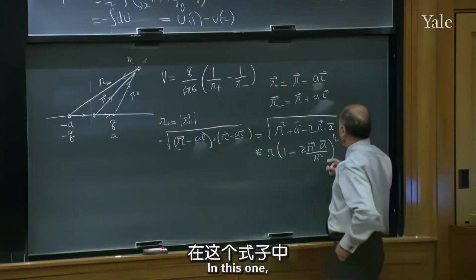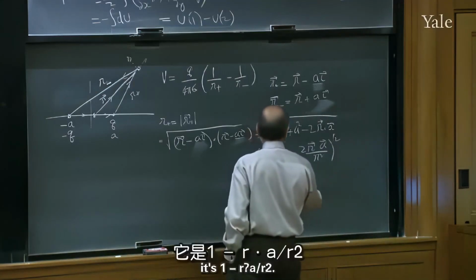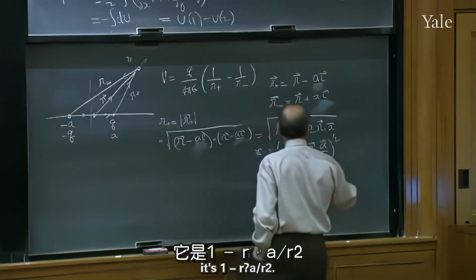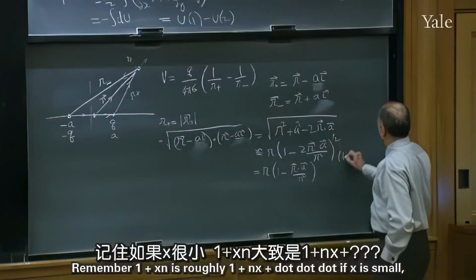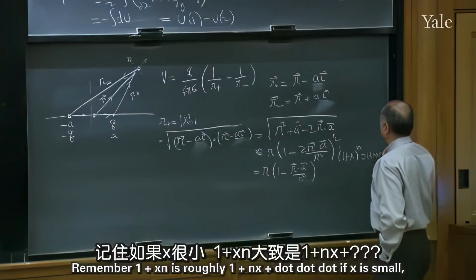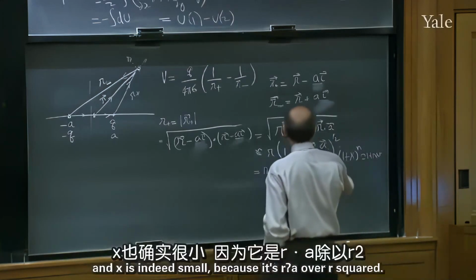And this one, from the theorem I've been giving you guys all the time, is 1 minus R dot A over R squared. Remember, 1 plus x to the n is roughly 1 plus nx plus dot dot dot if x is small, and x is indeed small because it's R dot A over R squared.